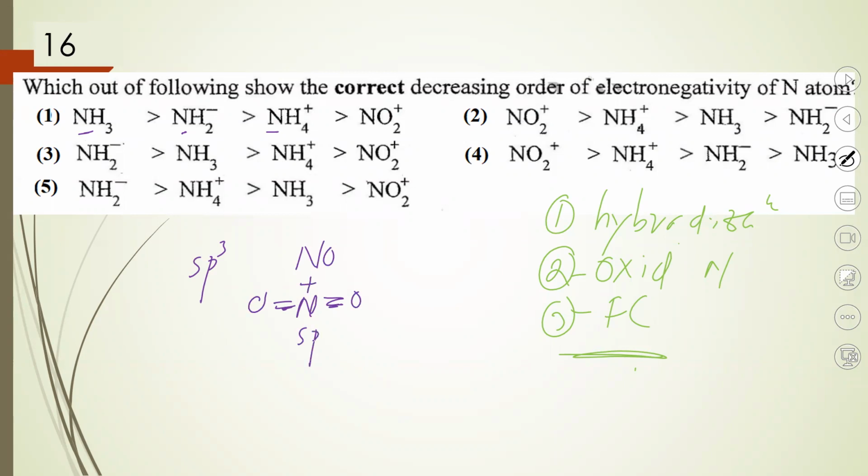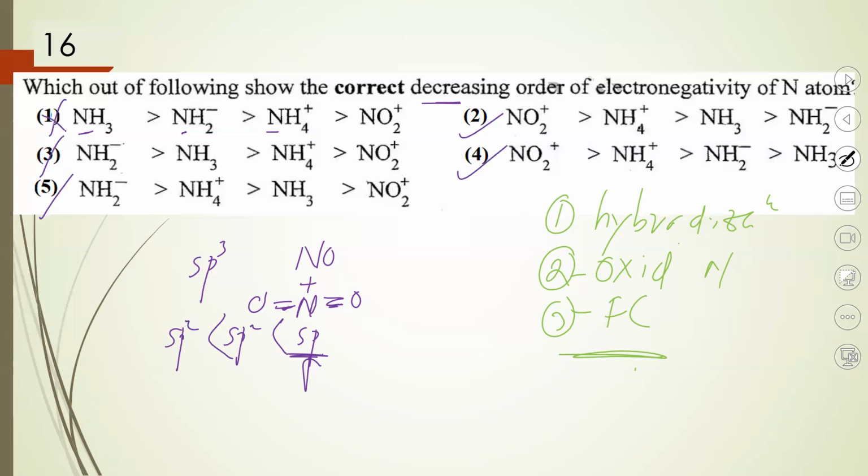So in the decreasing order of electronegativity, s character is higher here. Therefore, its electronegativity is higher. NO2 plus should show the higher value. The answer should be this, so this cannot be the answer, right?